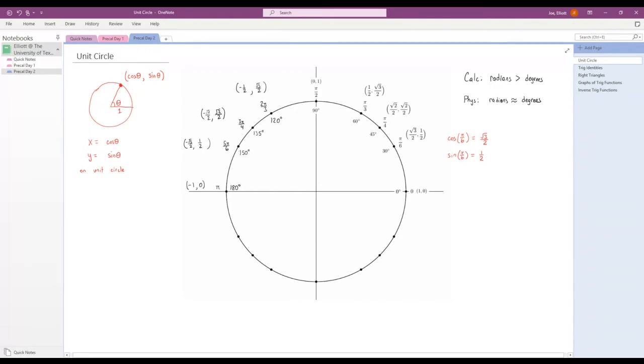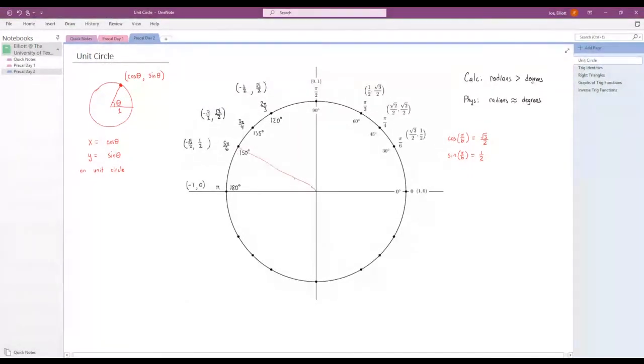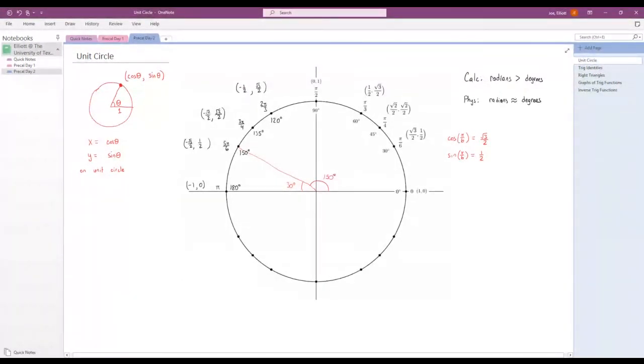So the idea is this angle is supposed to be 30 degrees, but from the negative x-axis. Okay. So therefore you could figure out, in degrees, that's 150 degrees, since you know the total is 180.